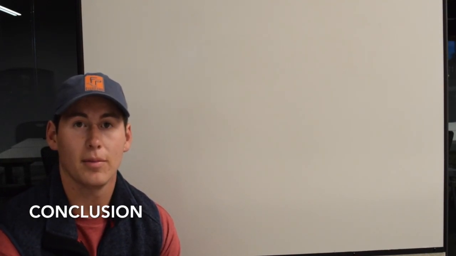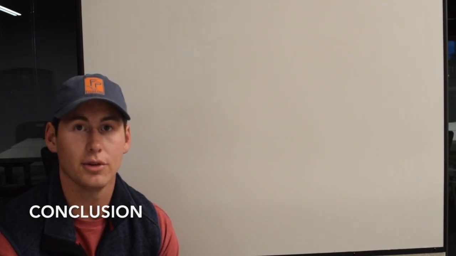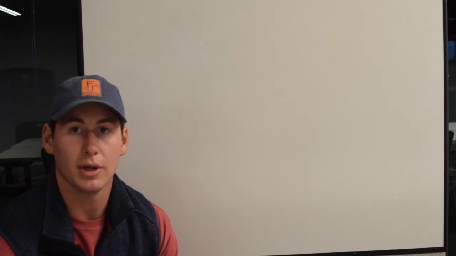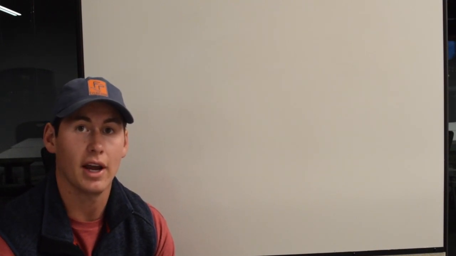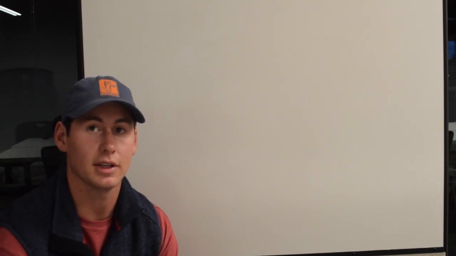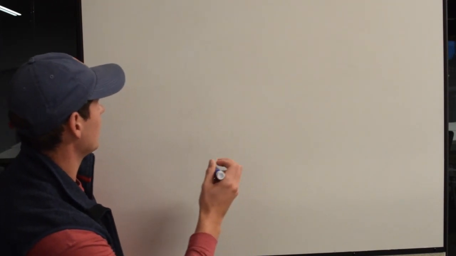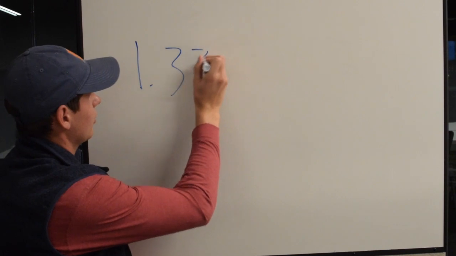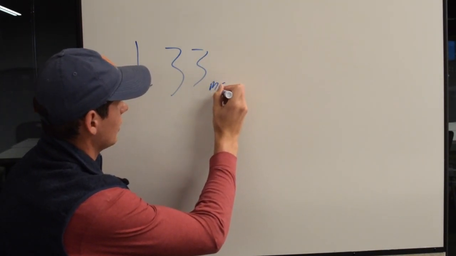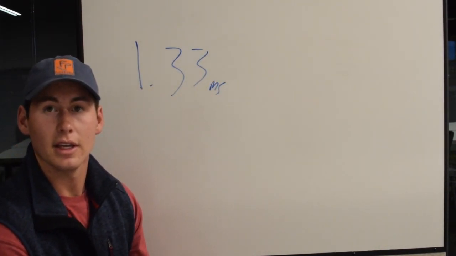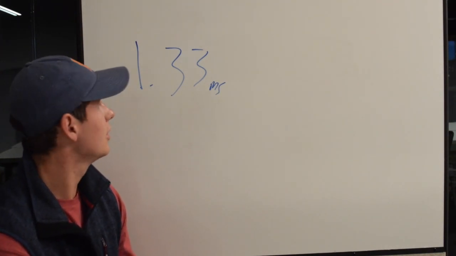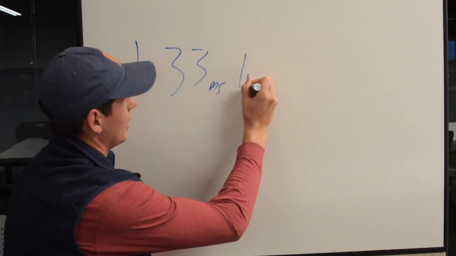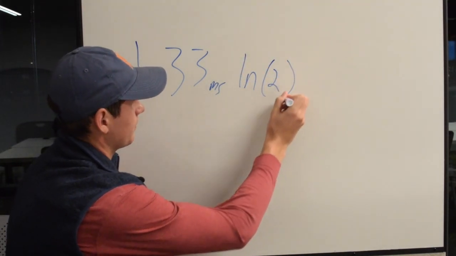In culminating this lab report, we have successfully accomplished our two goals for the muon experimentation. The first of those being to calculate the decay time or half-life of a muon. As previously explained, we calculated the decay time to be 1.33 microseconds. Now this is not the exact half-life, but rather is related to the half-life by multiplying by the natural log of 2.